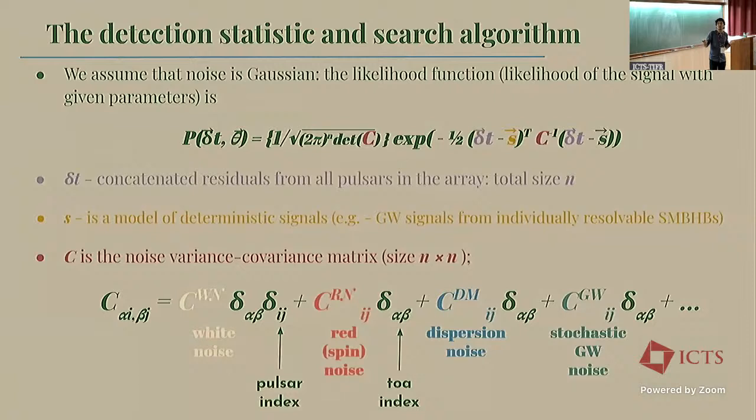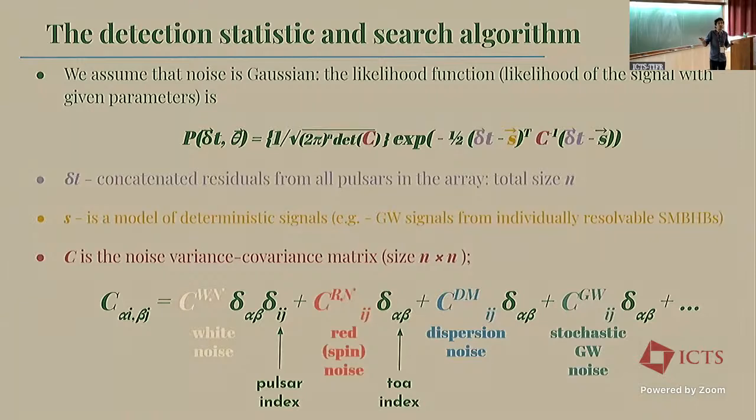And that variance covariance matrix contains terms which describe system noise, so white noise, and any low frequency process, which is the red noise. In this case, we can consider this to be noise in the observed rotational period of the pulsar.